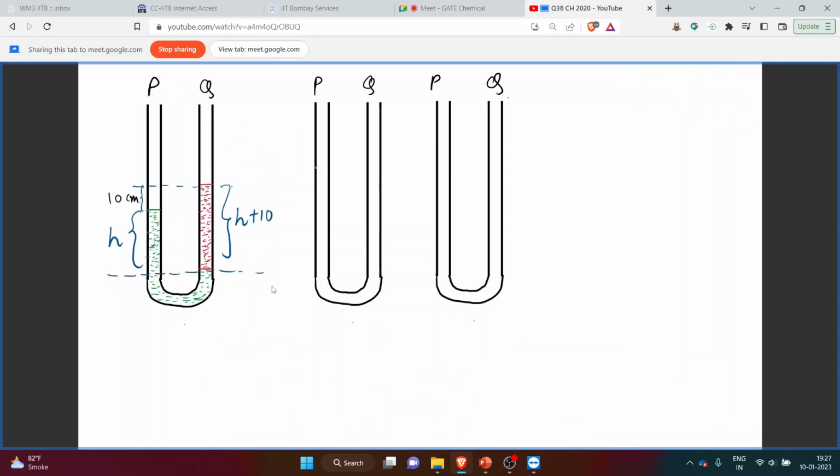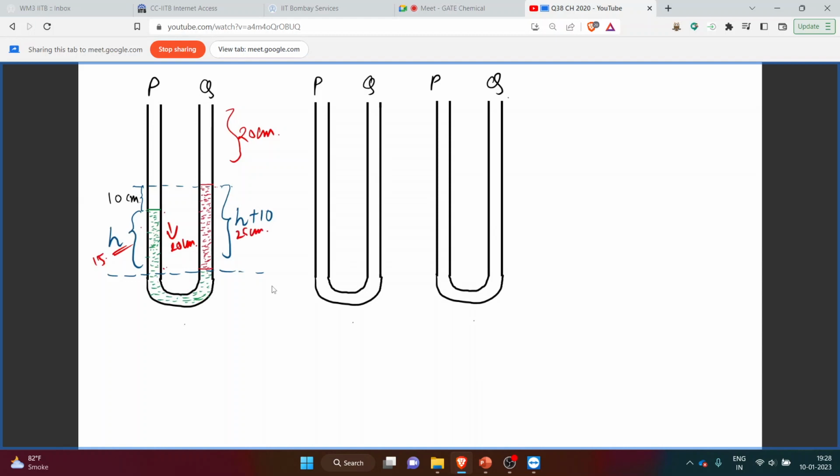Now we have been asked to find the pressure when we are raising this level by 20 centimeter. Since we are increasing this level by 20 centimeter, the level on this side will decrease by 20 centimeter, and the value of h was 15 centimeter.